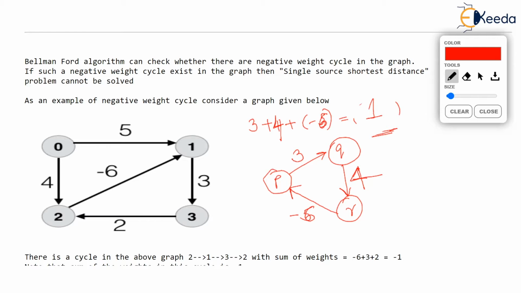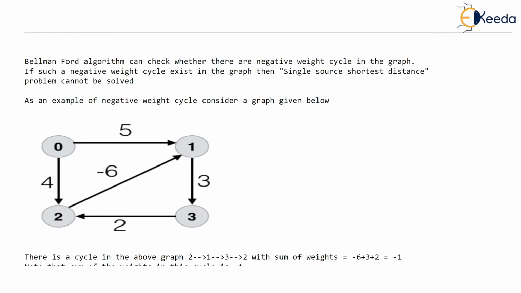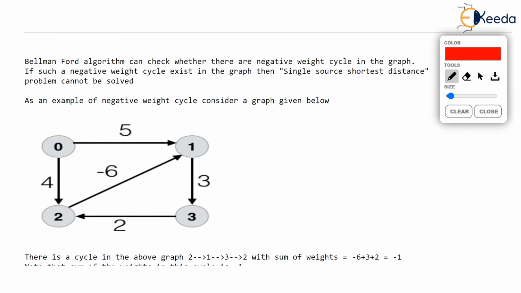Now, if such a negative weight cycle exists, then Bellman Ford algorithm will fail to find out shortest distance. Let's find out shortest distance from 0. This is our source vertex, assume 0, to all other vertices. Now check that there are 4 vertices, V is 4, and the number of edges E over here is 1, 2, 3, 4, 5. 5 edges are there.